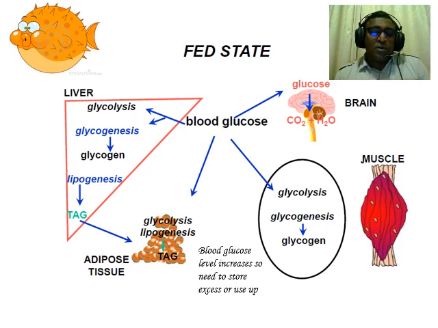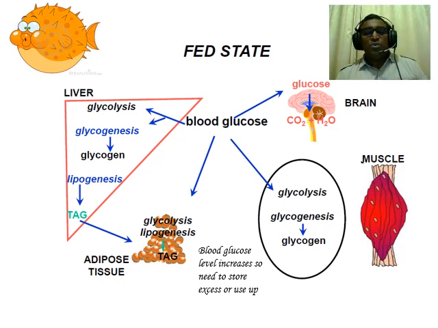Also, if you recall lipogenesis, that means fatty acid synthesis, once glucose has been converted to acetyl coenzyme A, the acetyl coenzyme A can be utilized in making fatty acid through lipogenesis.